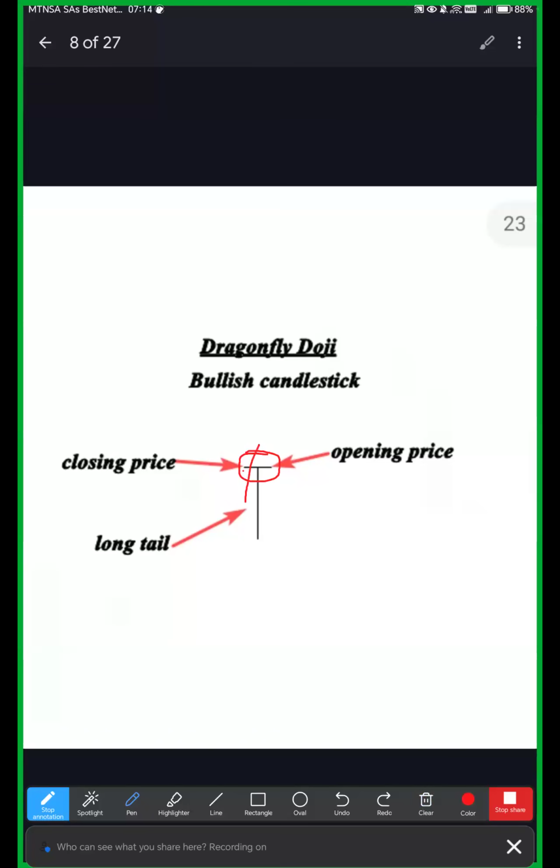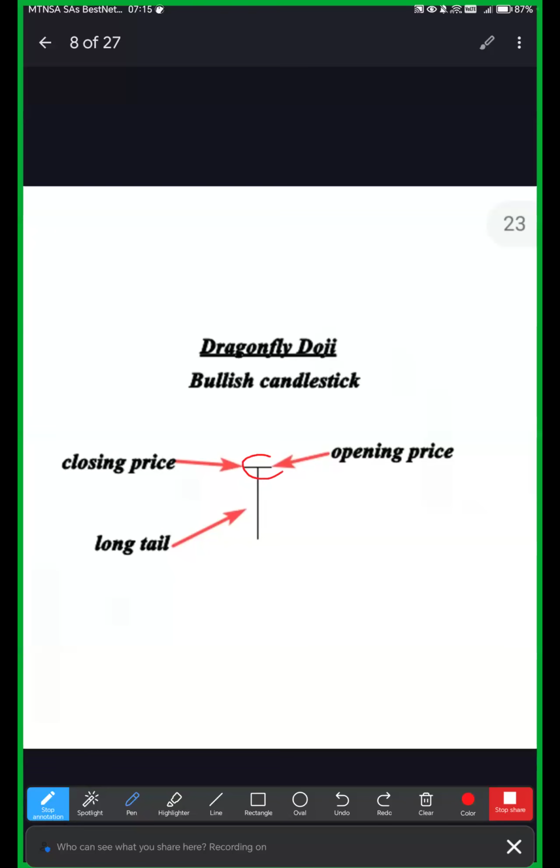Now, in this scenario, where is the high of the market? That's why I'm trying to use this explanation and say the open, high and the close are at the same or almost at the same place. I'm saying this is the opening and the closing of the price.